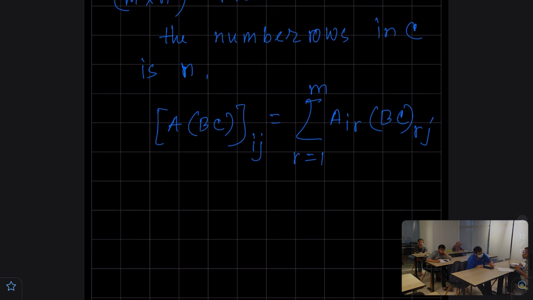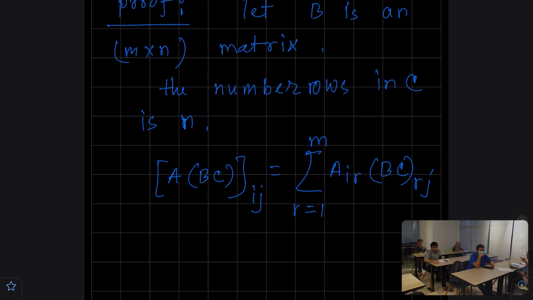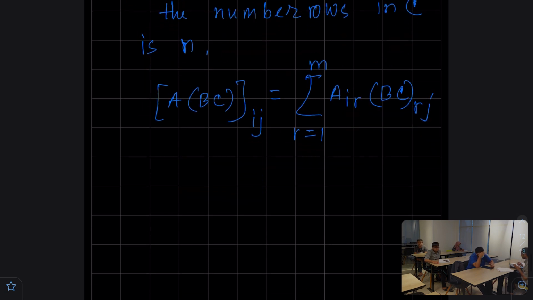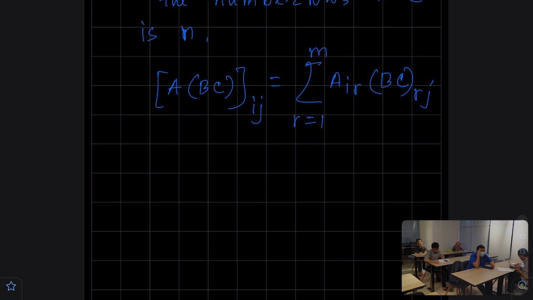Does it make sense? Why is it M? Because the number of columns in A is M and the number of rows in BC is M, right? So that means this actually makes sense.